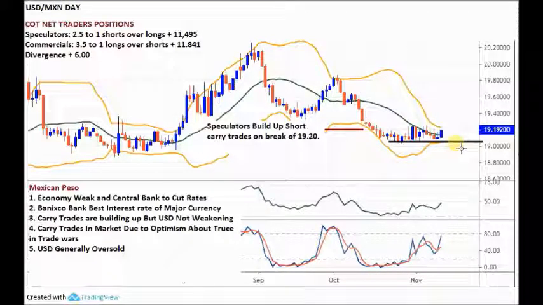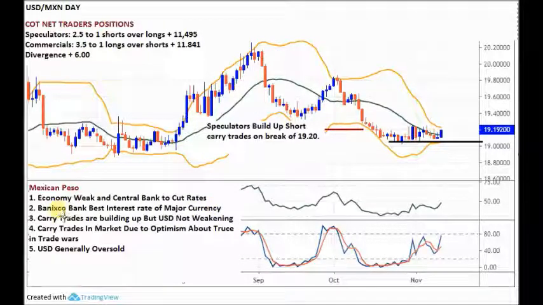Okay, now in terms of what we're looking for is a breakout in the MXN and those stops to get run. Now, just before I draw my levels, entry, stop, and target, just in terms of Mexico, we know the economy is weak and the central bank are likely to cut rates as we go forward, okay?